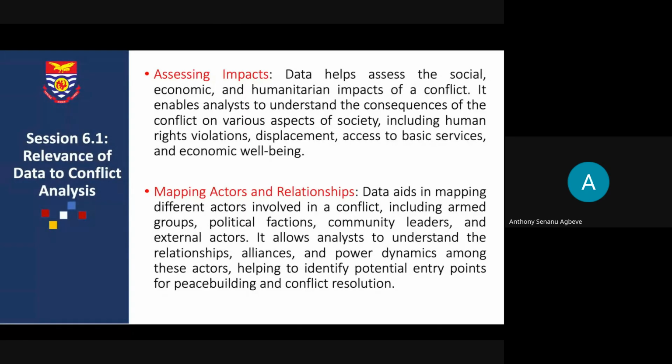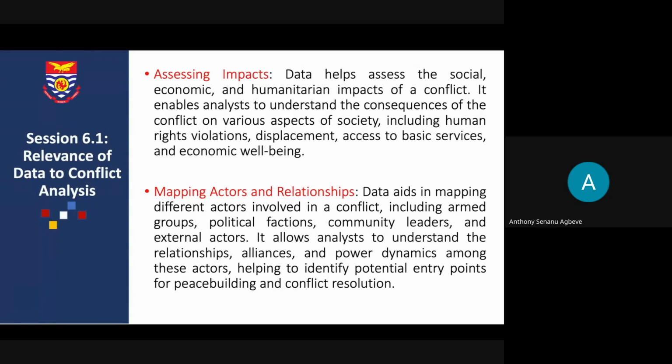So you identify the actors in the conflict. Once you identify them, your aim or goal is to ensure that you bring these two people to the discussion table, so that we can understand from both parties what their position and interests are, and where we can draw the line so that both of them will come to an agreement, so that there can be peace.